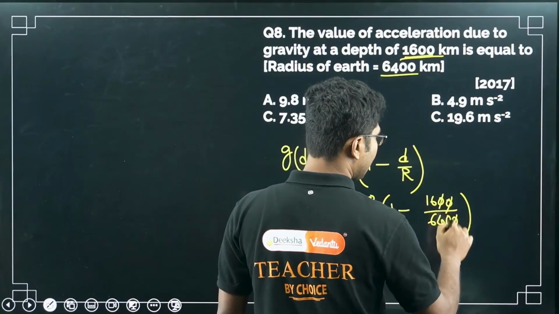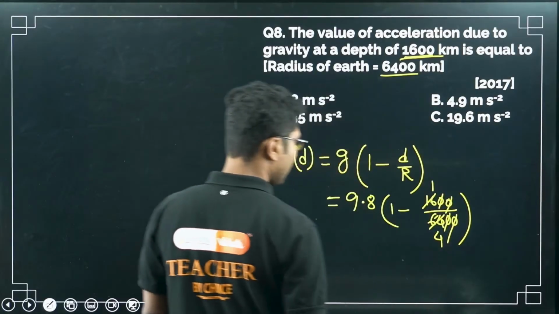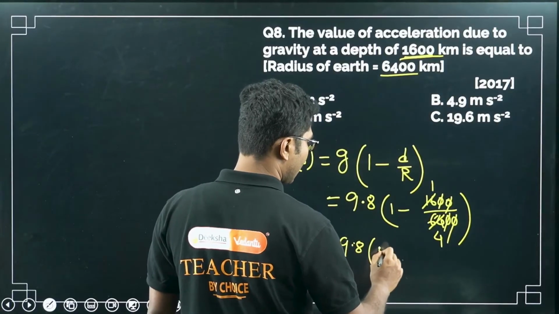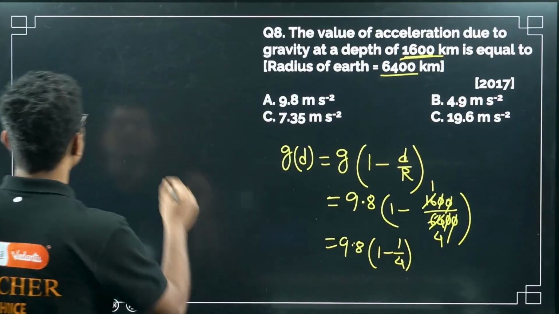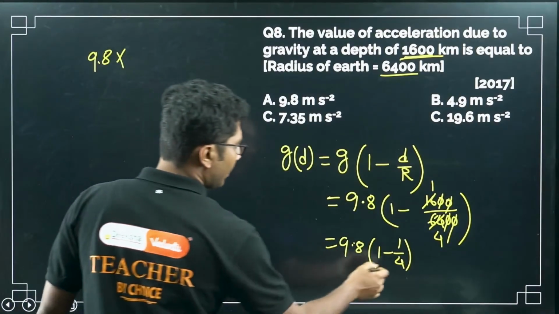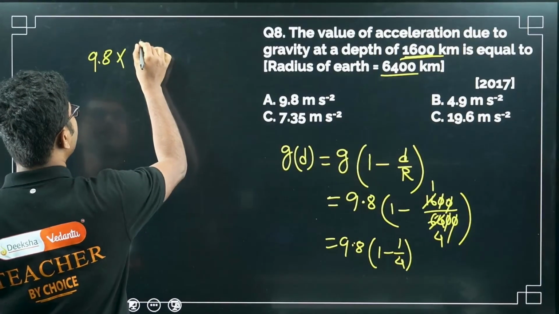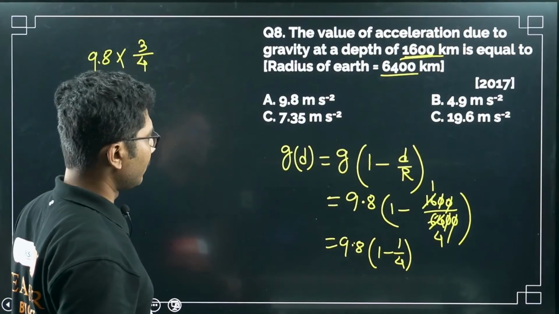So it is 1 by 4. So 9.8 times 1 minus 1 by 4. Okay, so it will be 9.8 times 4 minus 1 by 4, so it will be 3 by 4.